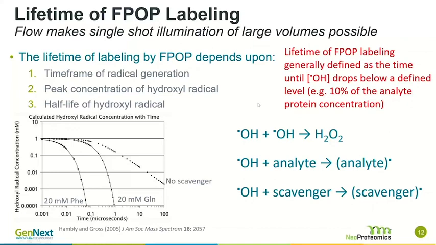If you just make a burst of hydroxyl radicals with nothing else in solution, so you make a 1 millimolar concentration and measure their decay, these hydroxyl radicals will persist in solution on the order of milliseconds, okay? Much longer than we really want for true FPOP labeling. So to compensate for that, traditionally in FPOP, people add in scavengers.